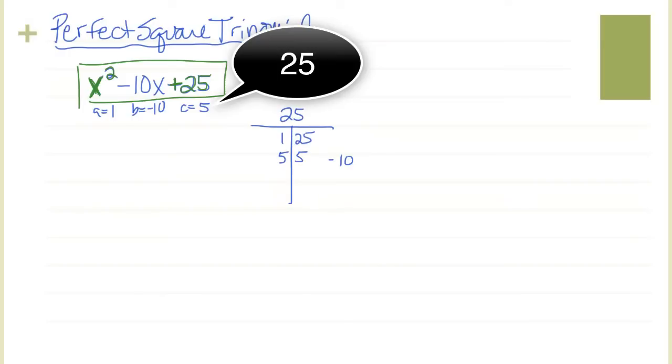And the way to get them to add up to this negative 10 of our B is if both of these are negative, right? So negative 5 times negative 5 is positive 25, and negative 5 plus negative 5 is negative 10. So we're going to use these guys, and we'll do the box on this one.